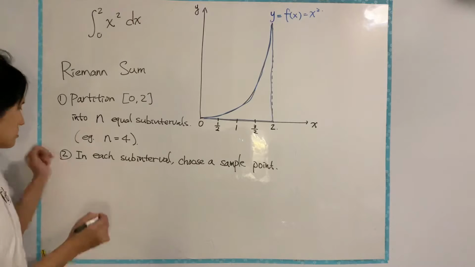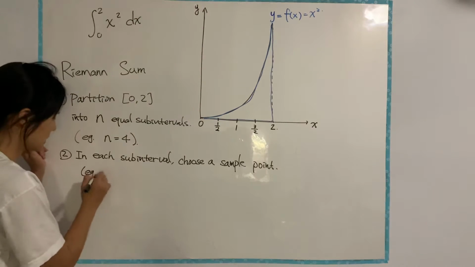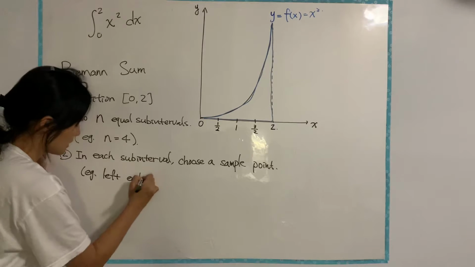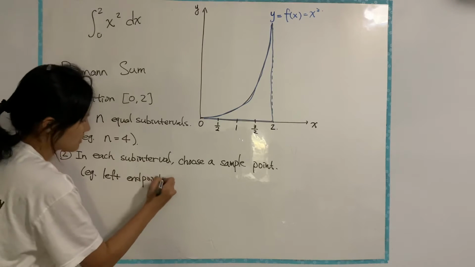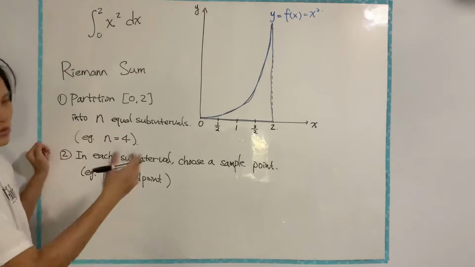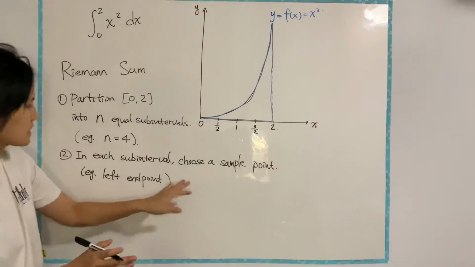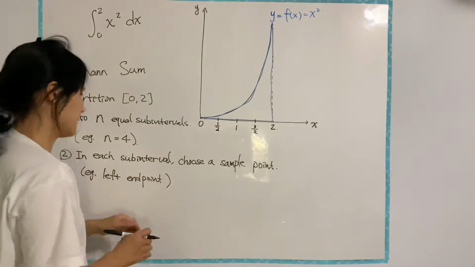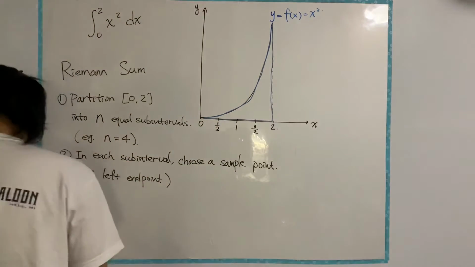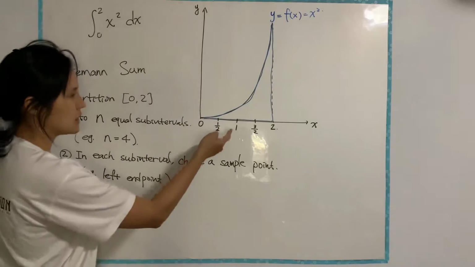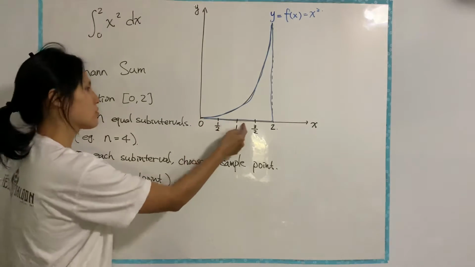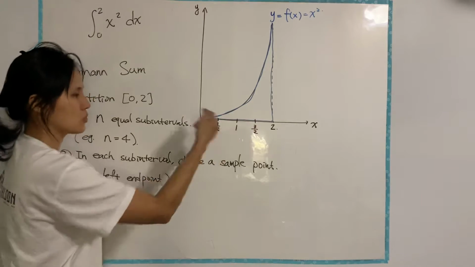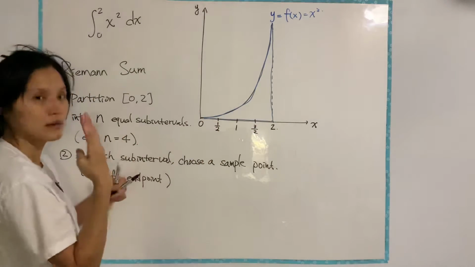Okay, so for example, I can choose the left endpoint. You can also choose the right endpoint or middle point or whatsoever. It doesn't matter. Like I said, as long as it is inside each interval, then you are good. Okay. So how many subintervals do we have here? 1, 2, 3, 4. So for each interval, we're going to choose 1 sample point. So in total, we'll have 4.